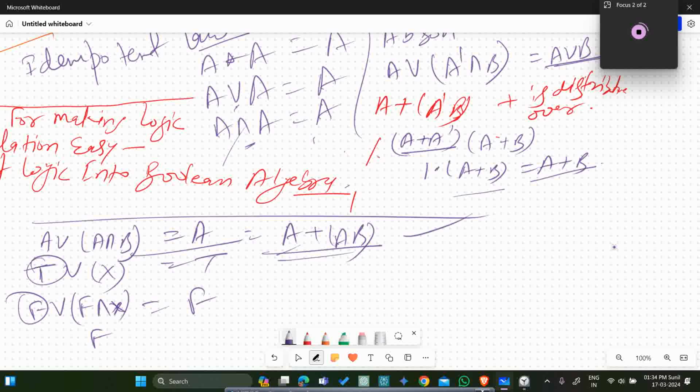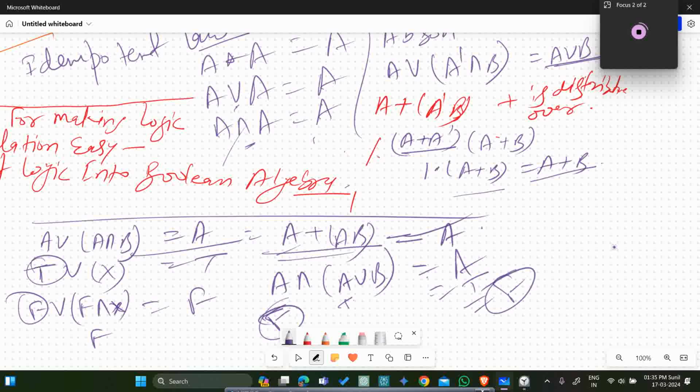So this is absorption law: A and A plus B is A only. And A and A or B is the same. If A is true, the result is also A: true and true is always true. But if it is false, then it will make the whole thing false. So this is how it is done.